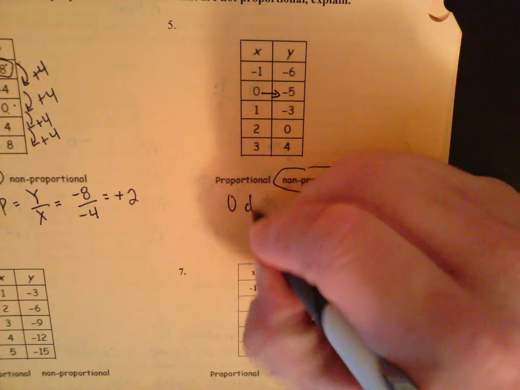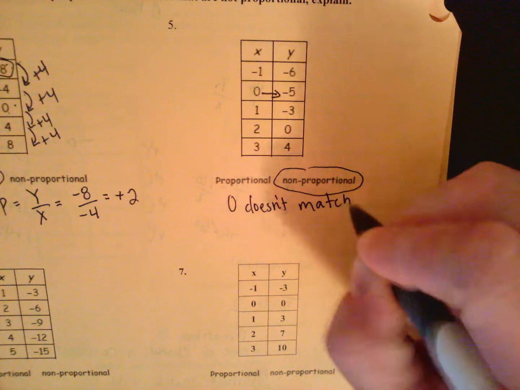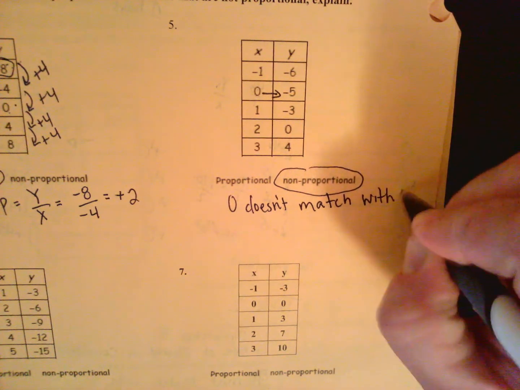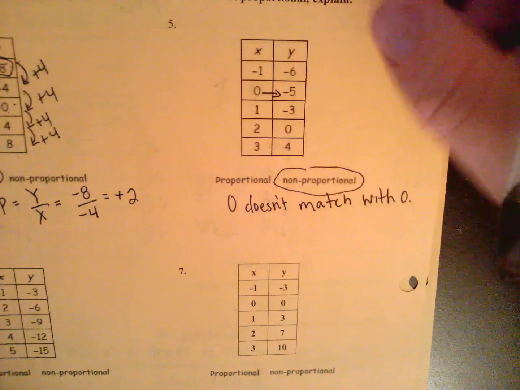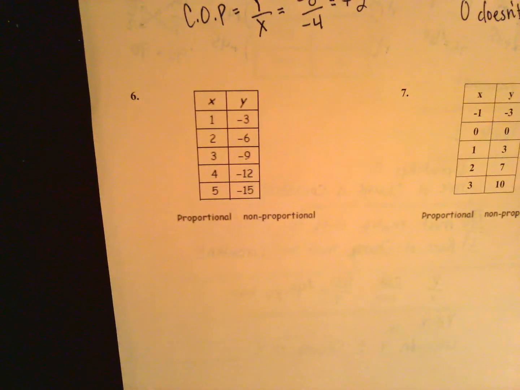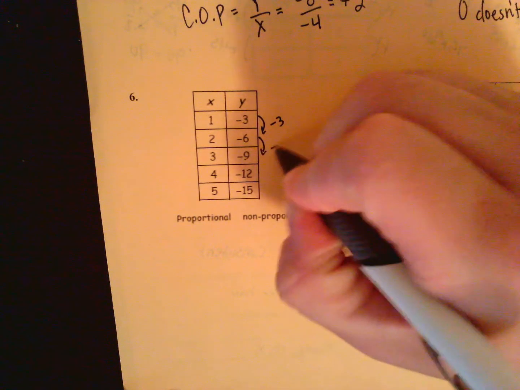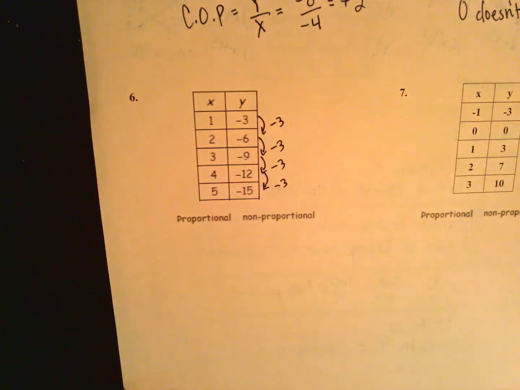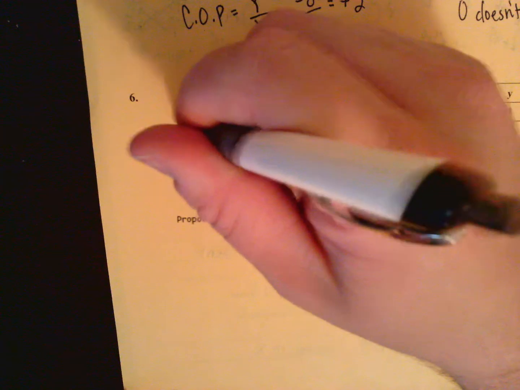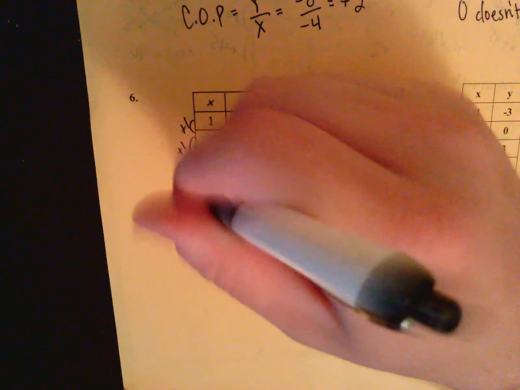And that 0 doesn't match with 0. Number 6. There's no 0 on this table. So we got to find our rate first. This, I'm subtracting 3 as I go down my y. X is going up by 1 every single time, which actually makes it easier.